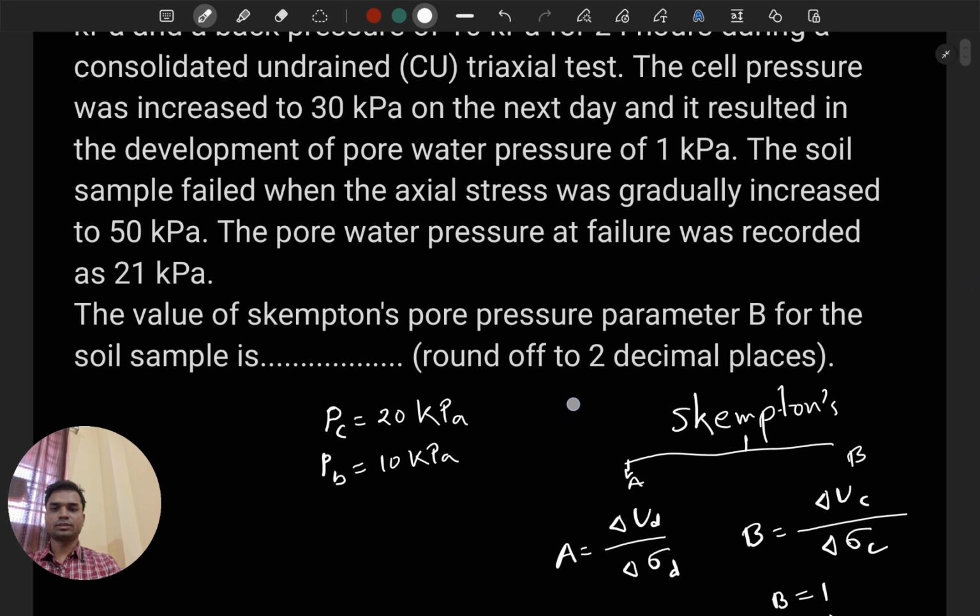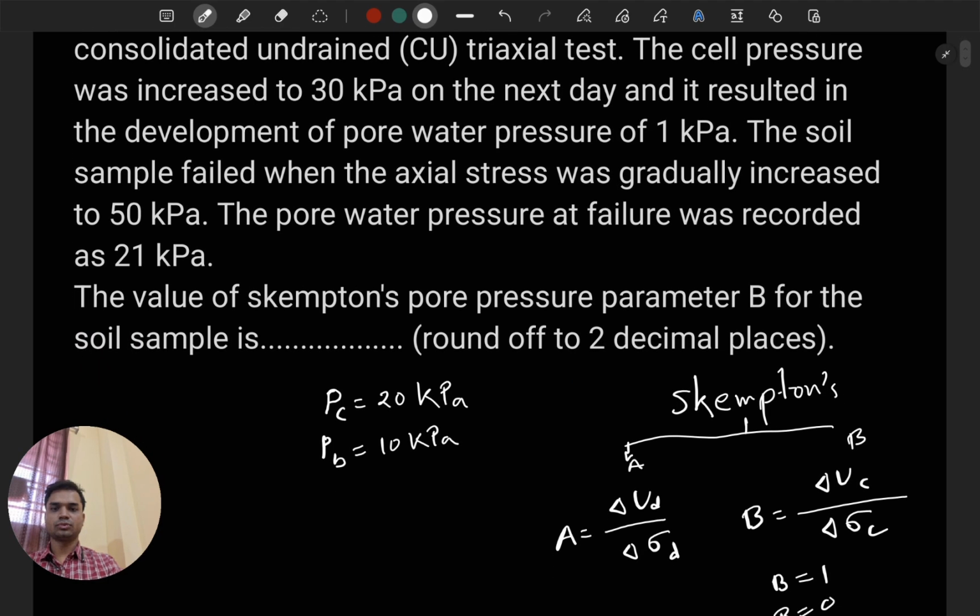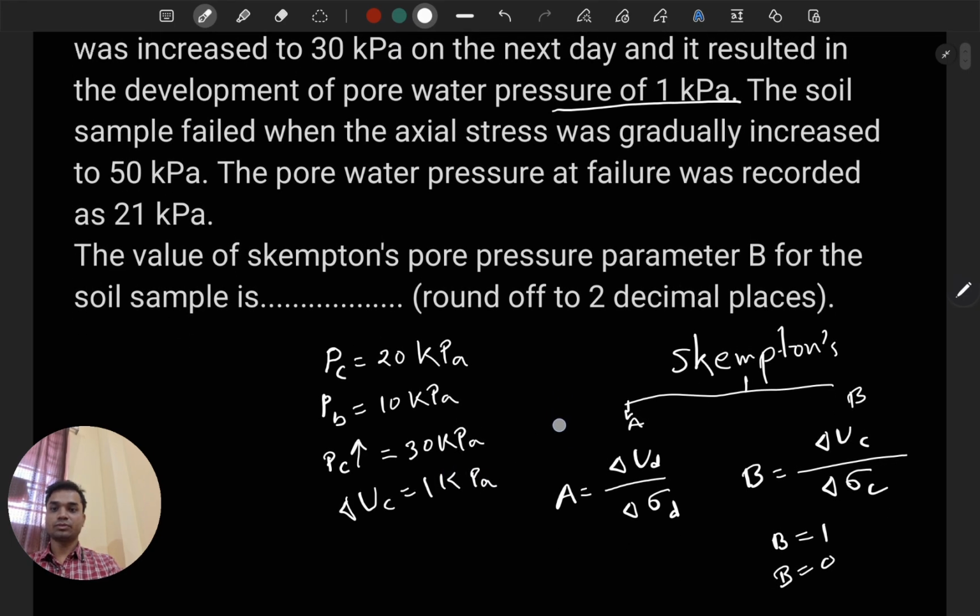The cell pressure is increased up to 30 kPa on the next day, and it results in the development of pore water pressure. It means the development of pore water pressure, delta pore water pressure, is 1 kPa. The soil sample failed.